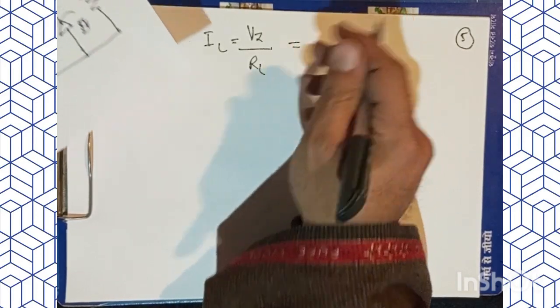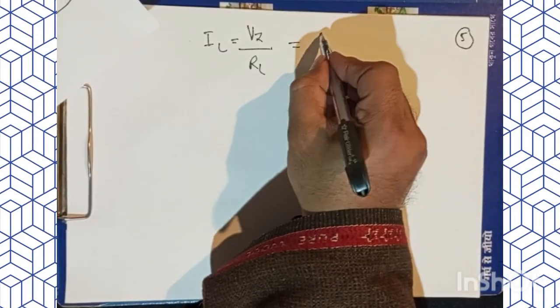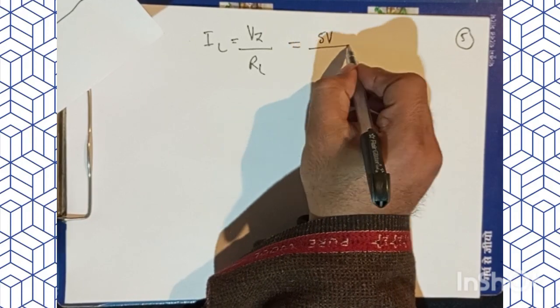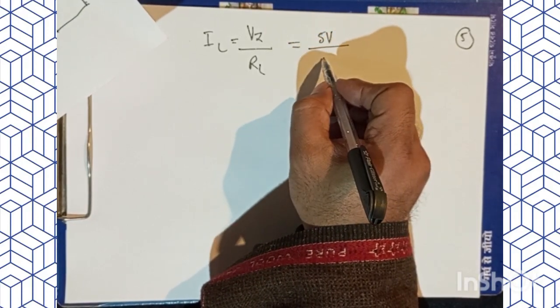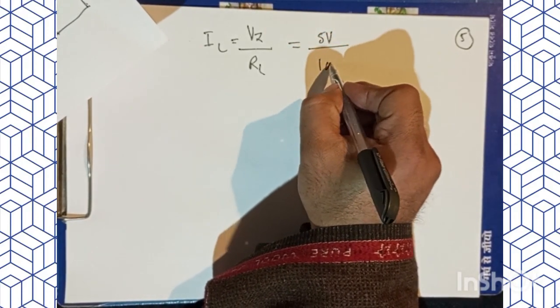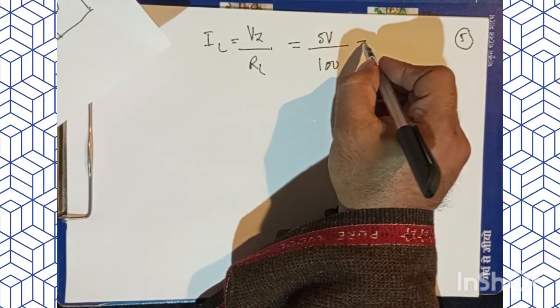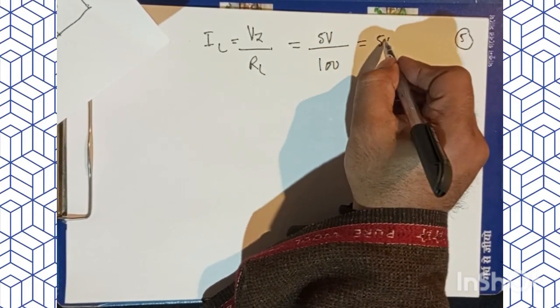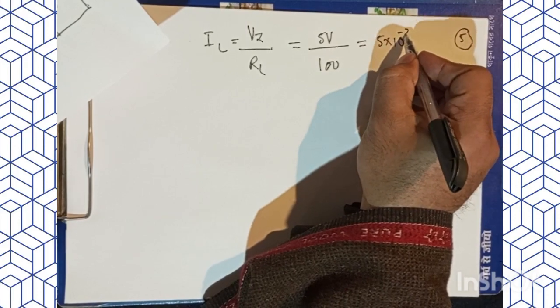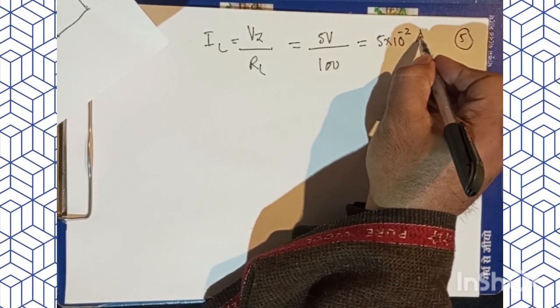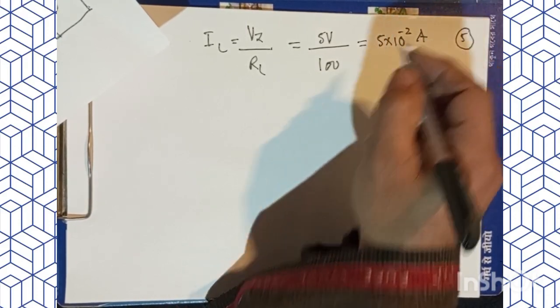How much is VZ? VZ is 5 volts. Divided by how much is RL? RL is 100 ohms, right? So here we will get 5 into 10 to the power of minus 2 amperes of current.